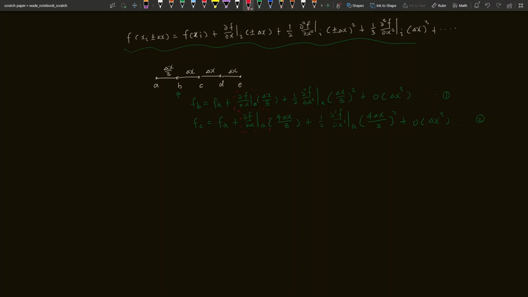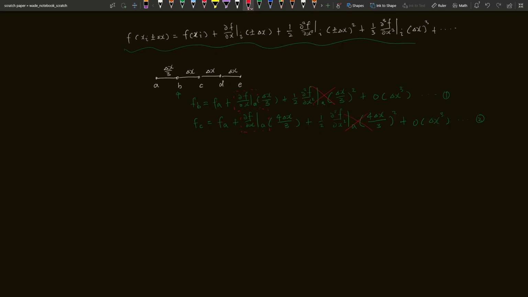So our objective in these two equations is to cancel out the second order derivative in the Taylor series expansion. Assume that we already know the function values at point B and point C. In these two equations, how can we get the first order derivative? You can see that we need to cancel out the second order derivative terms here.